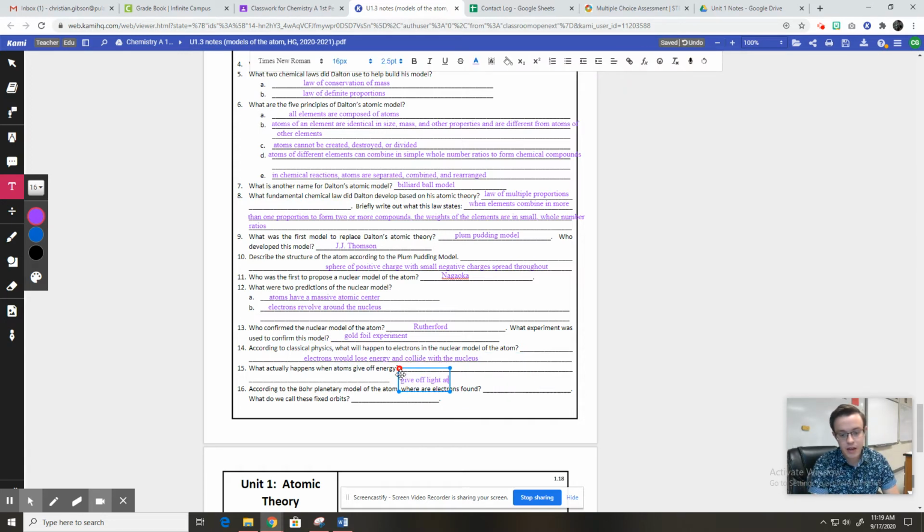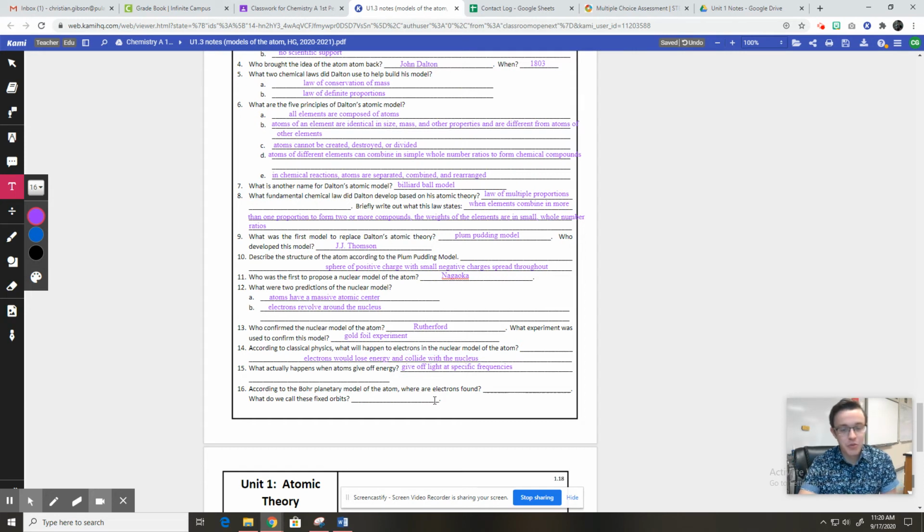You want to see this happen? Go turn on the lights in your room right now, because that's exactly what causes all light around us: this process here, atoms giving off energy because of their electrons.